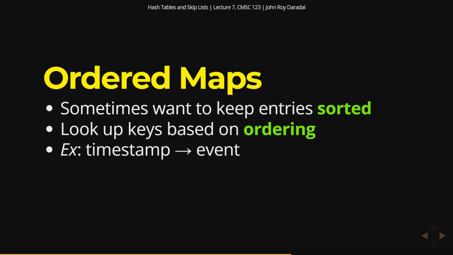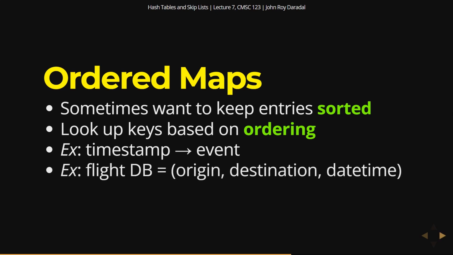Examples of this would be, for example, if your keys are timestamps and the values are events, it makes sense to order those timestamps, because it would not be good if the timestamps are jumbled together, right? It would be better to keep it in chronological order. Another example would be a flight database, wherein your keys consist of the origin place, the destination place, and the date and time.